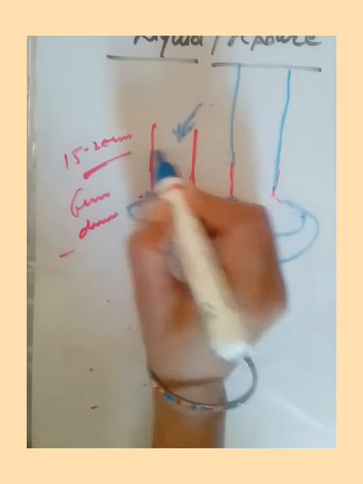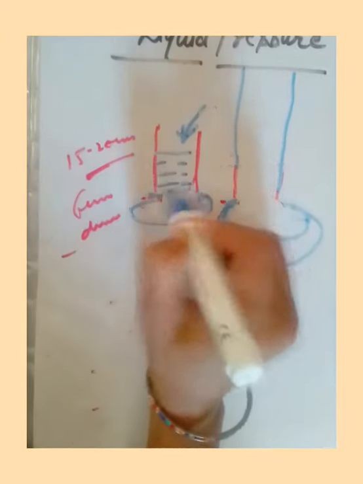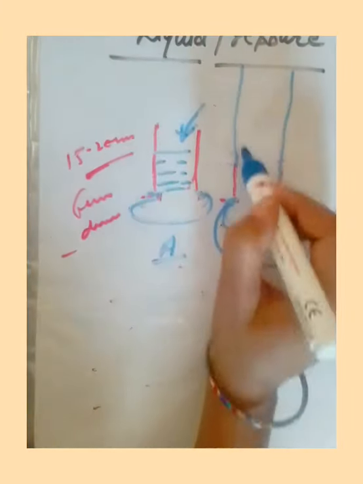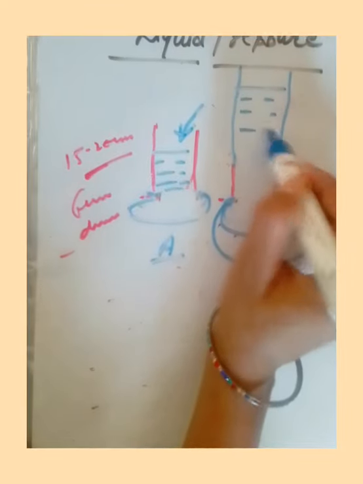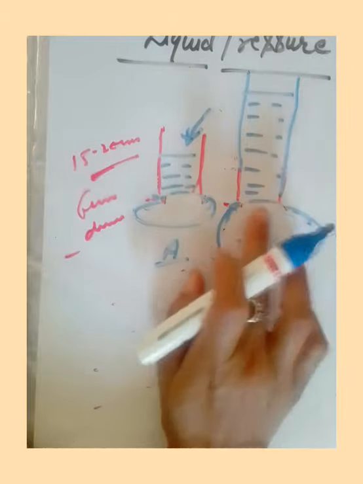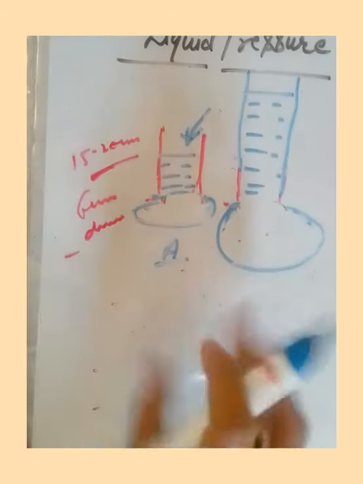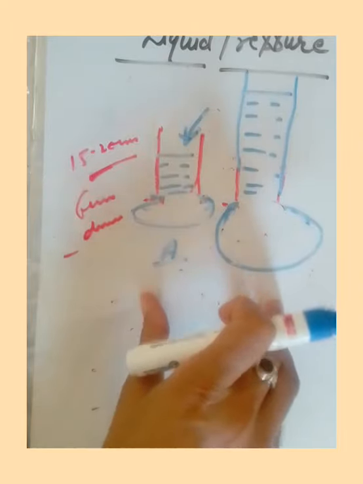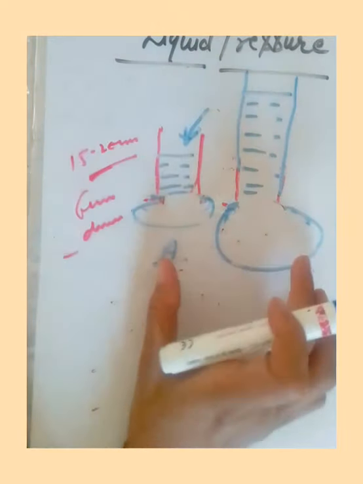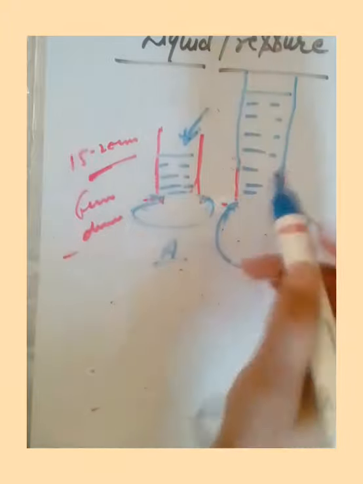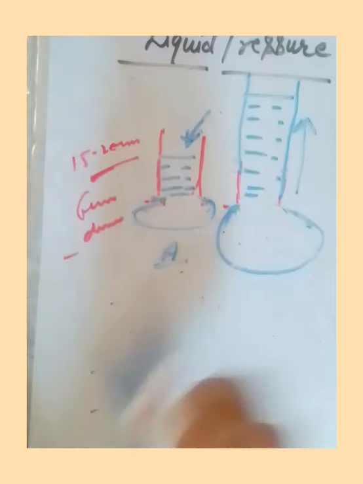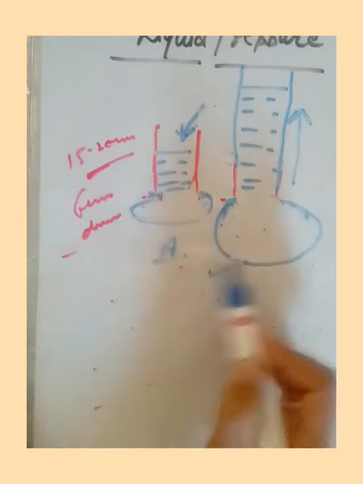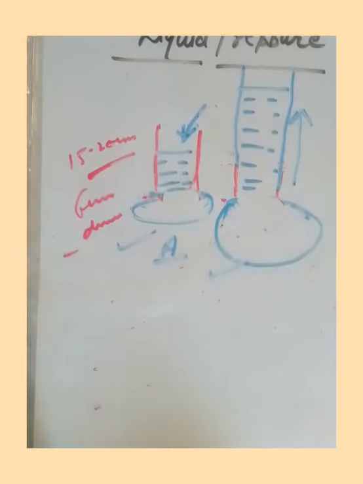So if we have the level up to this, then the bulge will be like this, and if the level of water is up to this, then the bulge will be like this. Thus we can conclude that the pressure exerted by water at the bottom of the container increases with an increase in the height of the water column. This bulge is proving this.